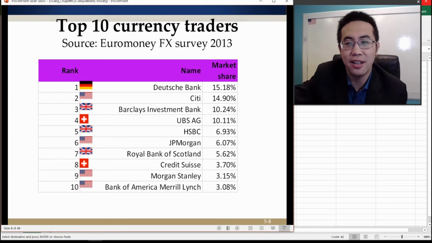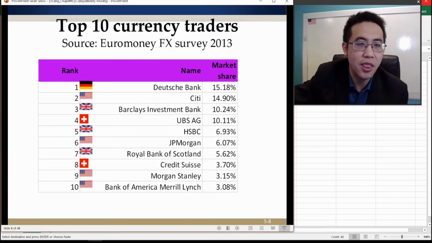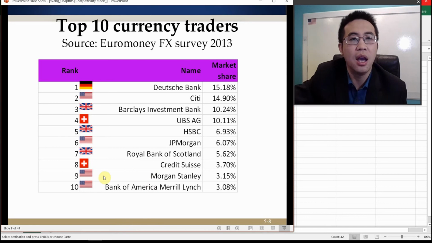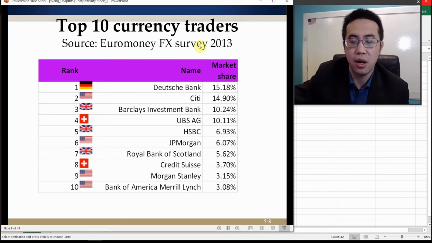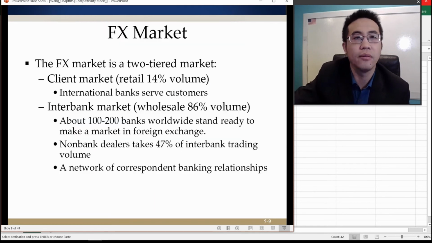It's very much an Asian name, but actually it's a UK company. And then you will see other American banks and European banks being the top players of currency exchange. Altogether, their market share is over three quarters of the global trading.